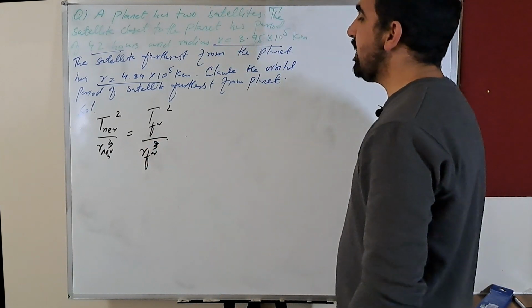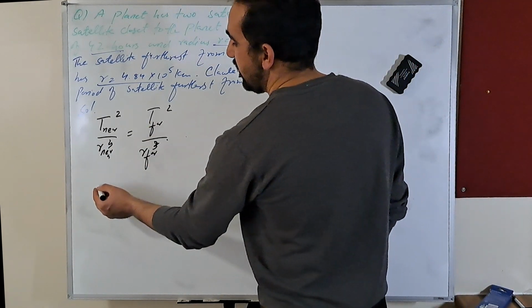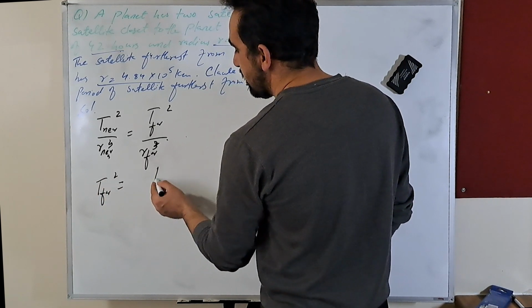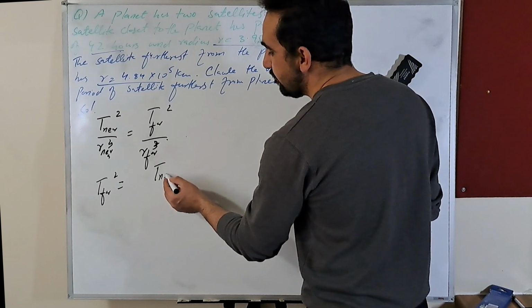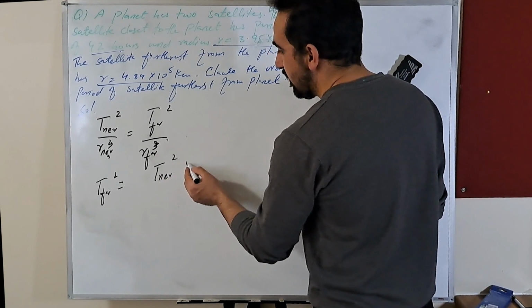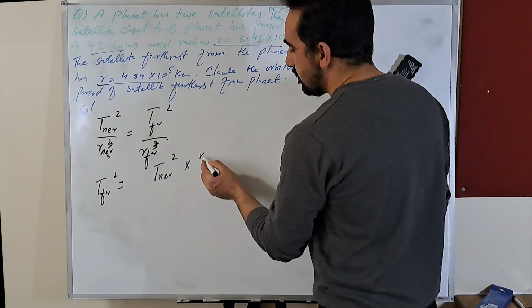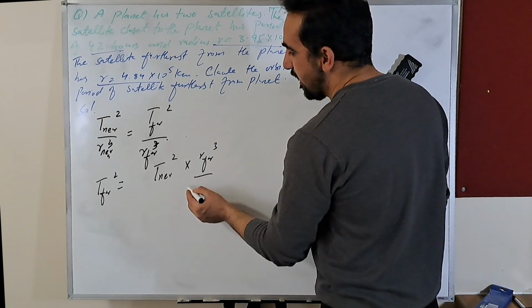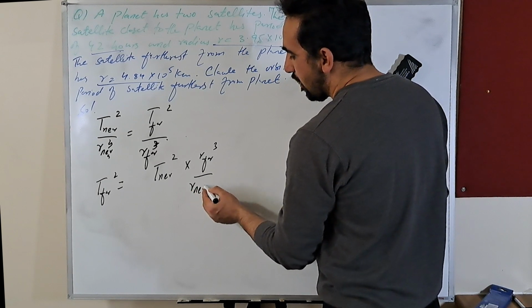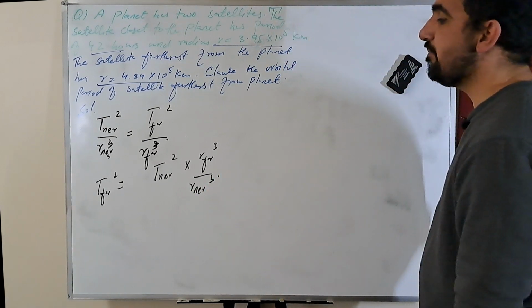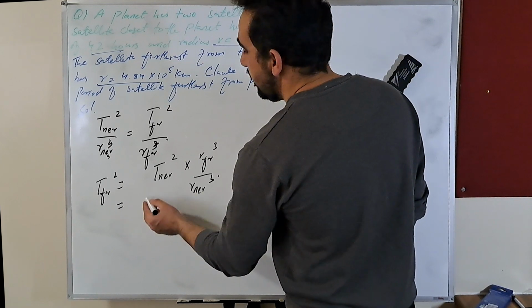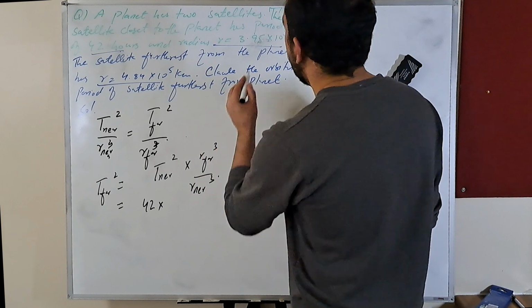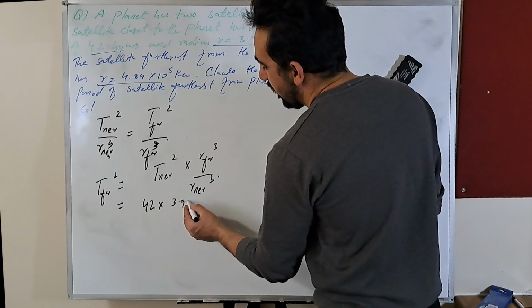Okay, and we need the time period for the far satellite squared, which is equal to time period for the near satellite squared, multiplied by r far cubed, divided by r near cubed.